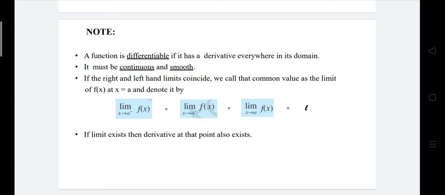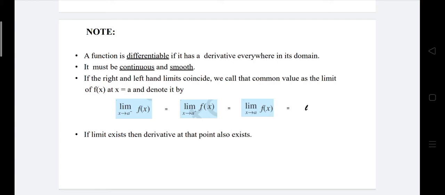How? If you are going to check any function in a certain domain, whether the function exists or not, then the left hand limit, that means limit x tends to a minus f of x, and limit x tends to a plus f of x, should be equal to limit x tends to a f of x, which is L. L means any value.